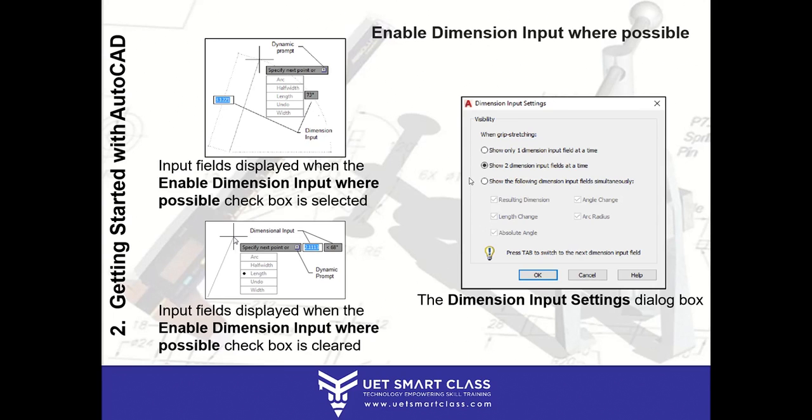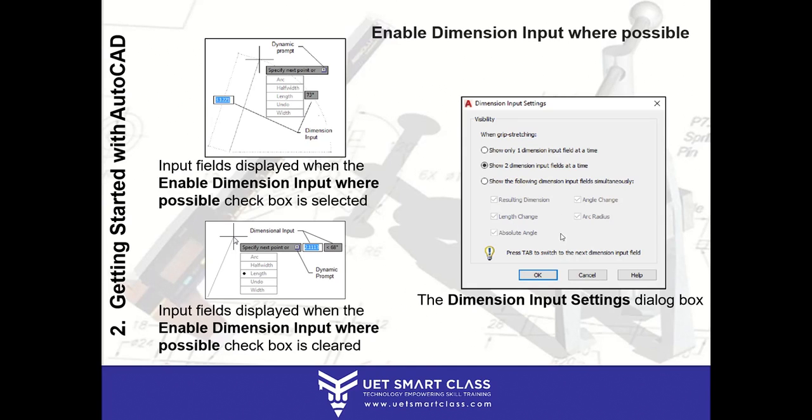Now, the settings under this enable dimension input where possible, you have this dialog box wherein by default it is selected as show two dimension input fields at a time. All right. You can also select show only one dimension input field at a time, or you can click on show the following dimension input field simultaneously. You can select any of them.